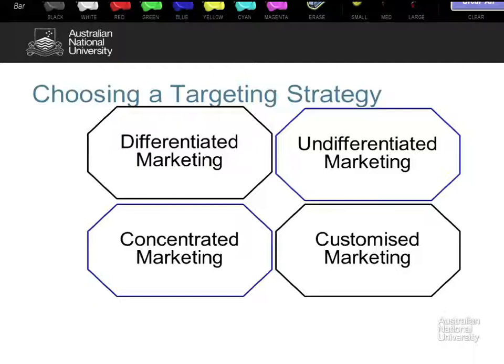What's my strategy? Now, I'm going to talk you through undifferentiated marketing, and I will sound pained because I think it's actually a really awkward thing to teach the intro students.